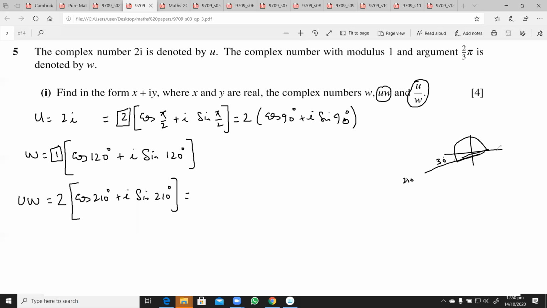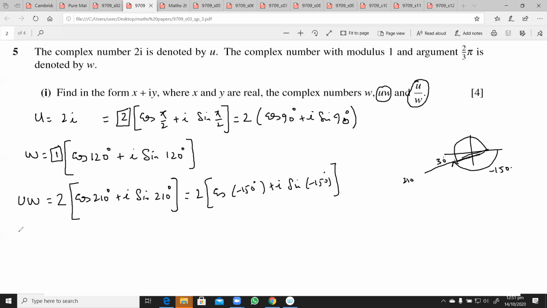So this 210 actually means minus 150. So you will rather write it as 2 cos of minus 150 plus i sin of minus 150.